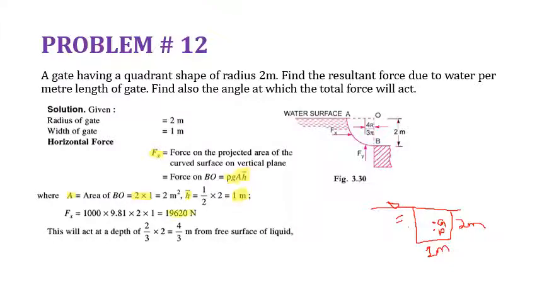So you will have over here the calculation for Fx, and for this case we will have a triangular distribution, so it is acting at 2 by 3 of its depth. So 2 by 3 of 2, which is 4 by 3 meters from the free surface of water.